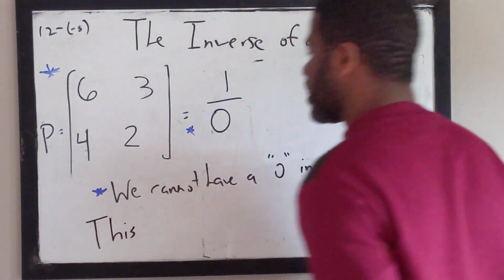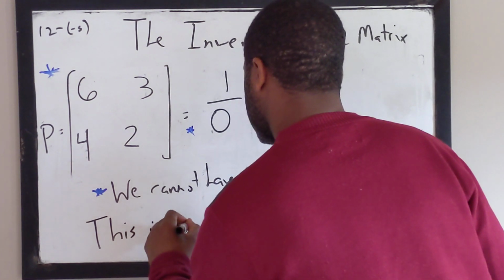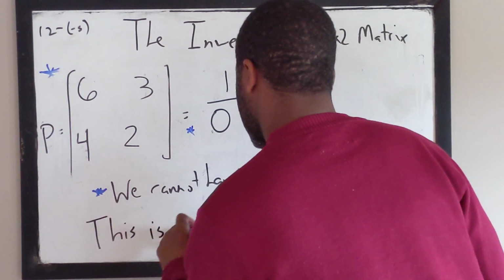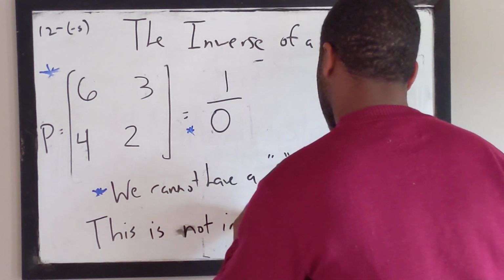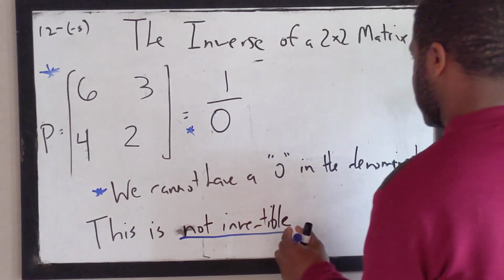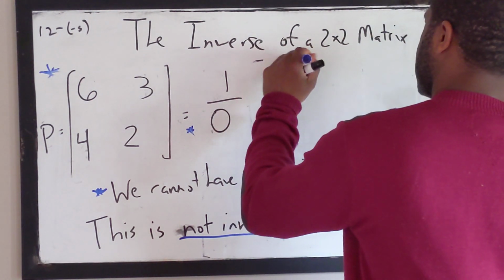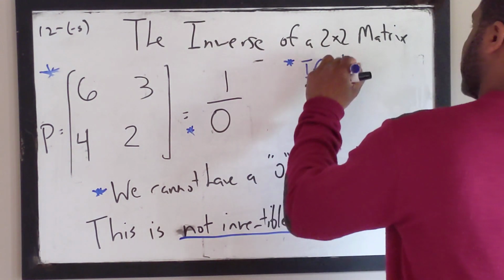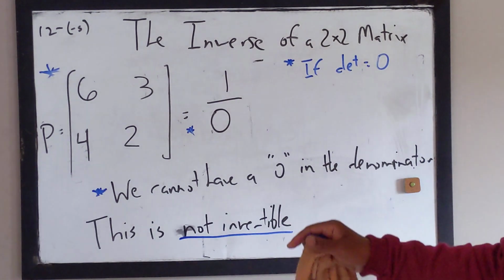Basically the determinant is 0, right? This is not invertible. If the determinant equals 0, y'all remember it was 1 over the determinant, that was the formula.